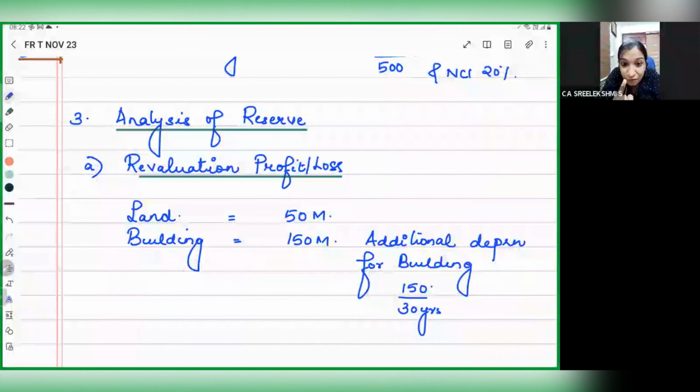How much is the revaluation profit? 100 million. Additional depreciation: 100 million, useful life 4 years, of which 3 years have expired. So 75 million. Okay. Additional depreciation should always be adjusted from the post-acquisition profits.